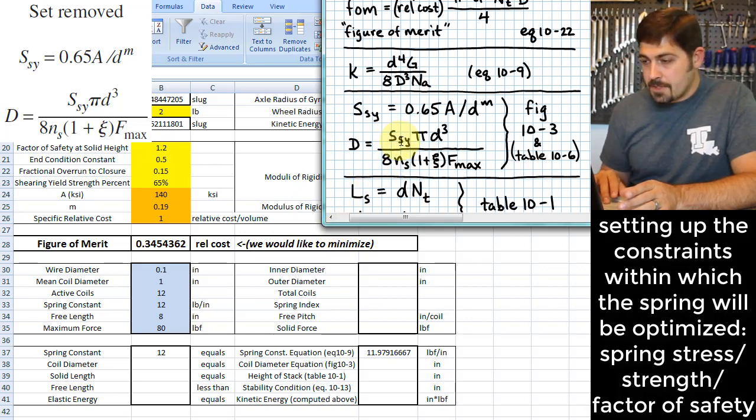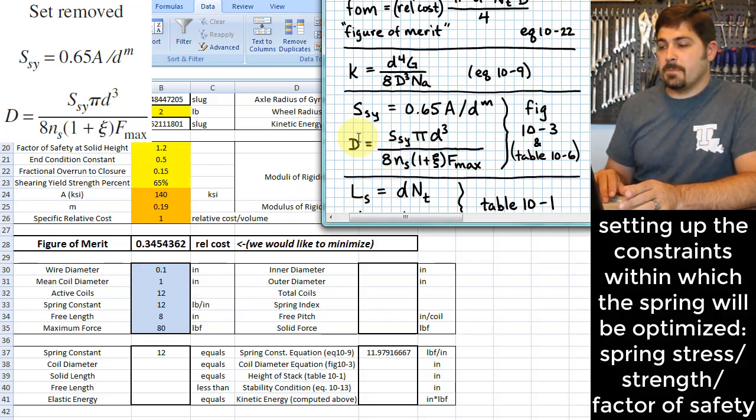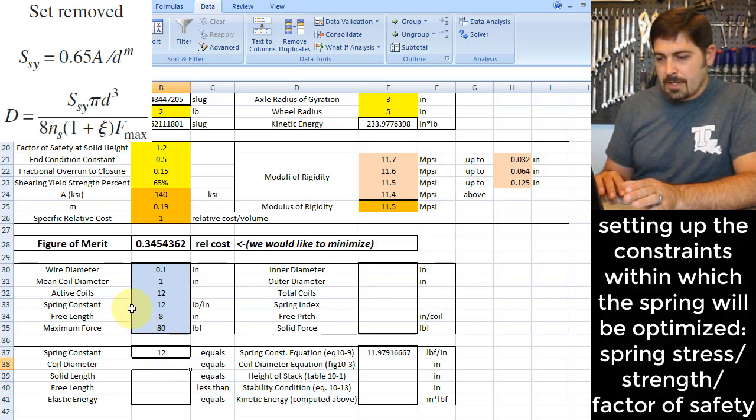Then that goes in right here and calculates, with a stress-based equation, the diameter. They have it solved for mean coil diameter. So in this cell, we're just going to put in that mean coil diameter, equals that.